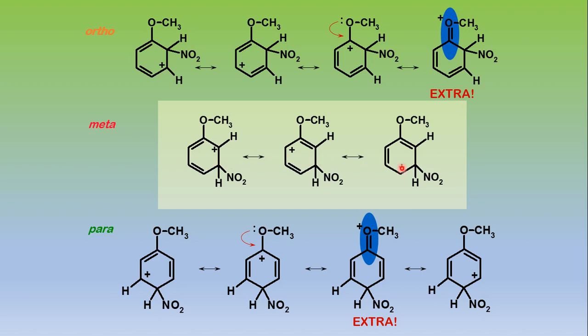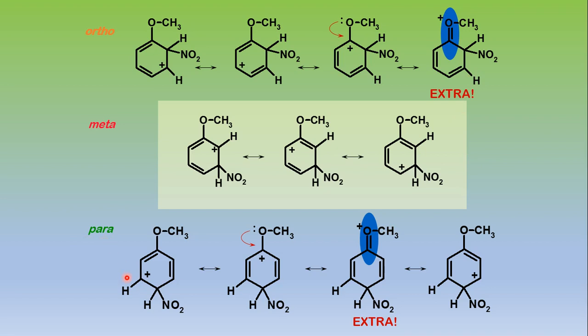In meta, we get a positive charge at the ortho and para positions, but we do not get a positive charge on the ipso position. So no 4th resonating structure is obtained in this case.